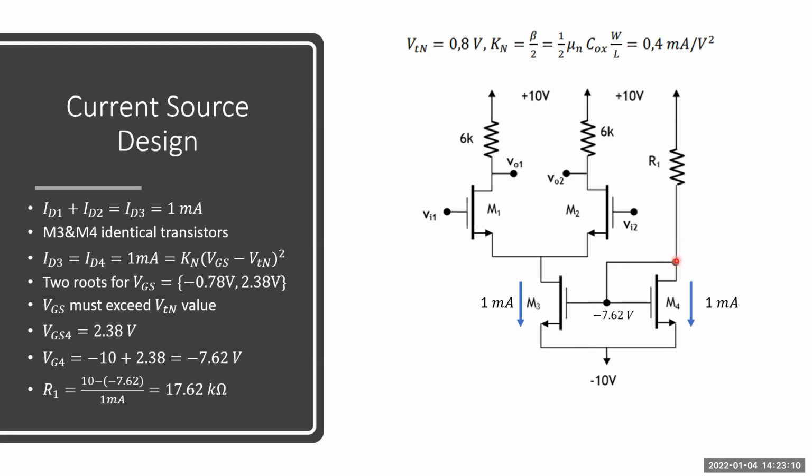Now you can compute the resistance value R1 by applying Ohm's law: 10 volt minus 7.62 volt divided by 1 milliamp, which equals 17.62 kilo ohm. This is the R1 value, and this is the current source design.